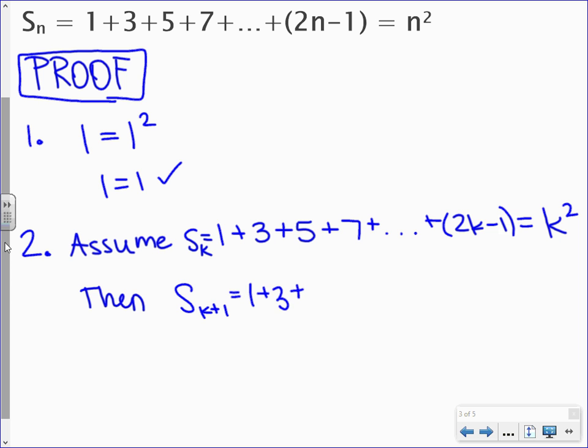That means we're still plugging in 1, then 2, then 3, then 4, all the way up to, excuse me, all the way up to k. And then, since this is the k plus 1 sum, we are going to add the next term. So if this is the k term, then we're going to add in the k plus 1 term. So I just plug it into that sequence to get that next term.